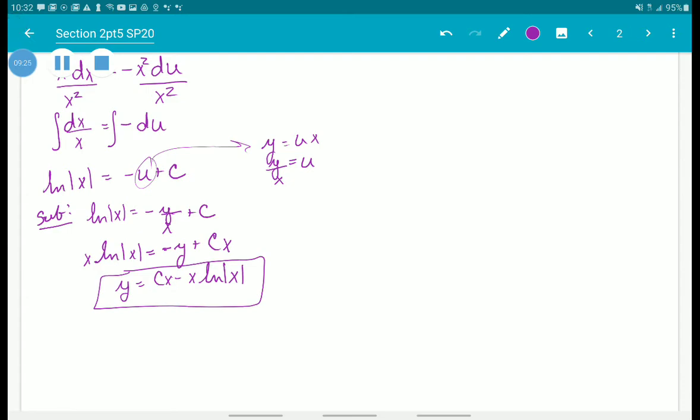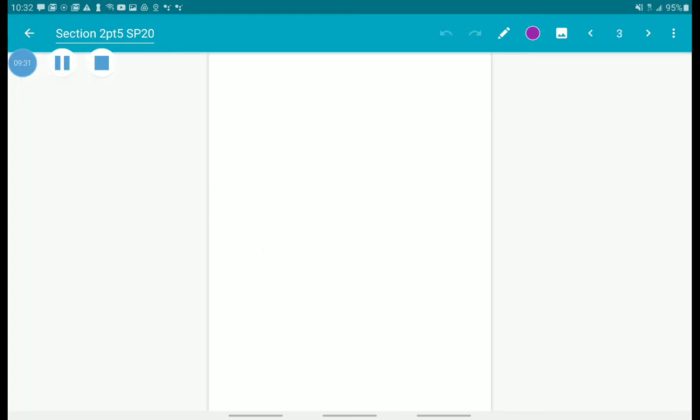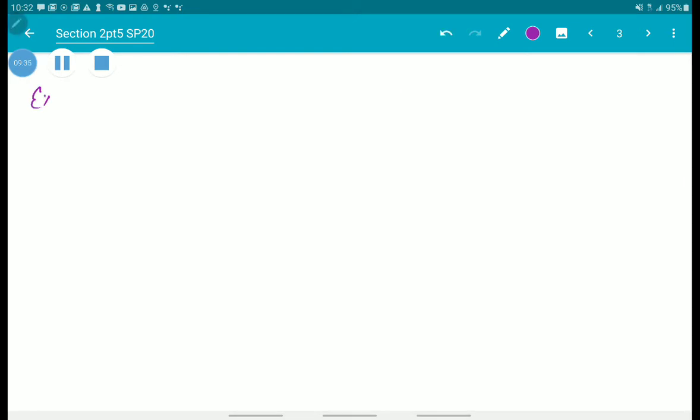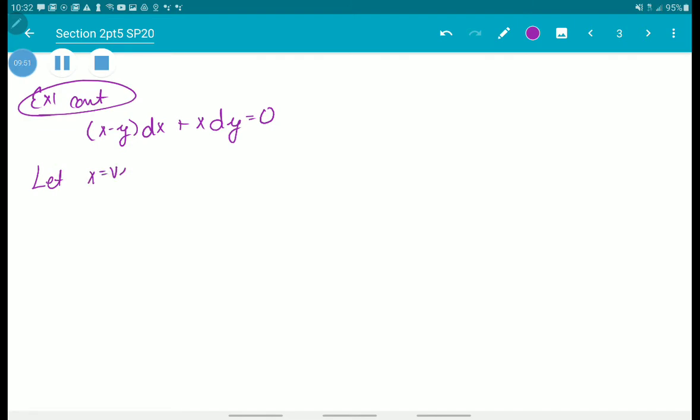Now we could have also done this using the other substitution, x equals vy. So just for fun, let's do that. So it's the same differential equation. And suppose we would have used x equals vy.